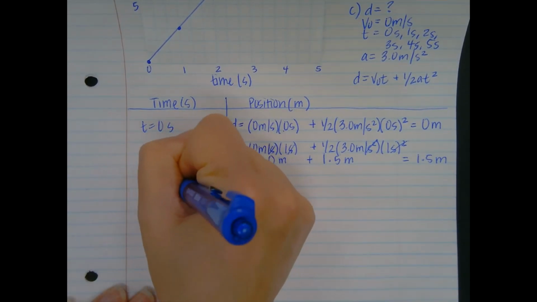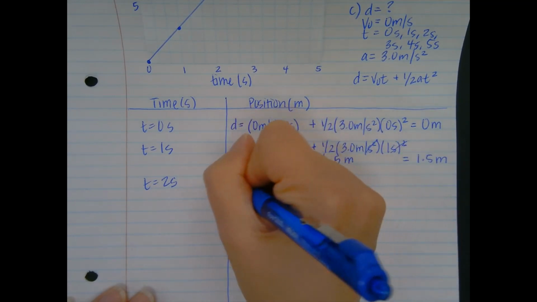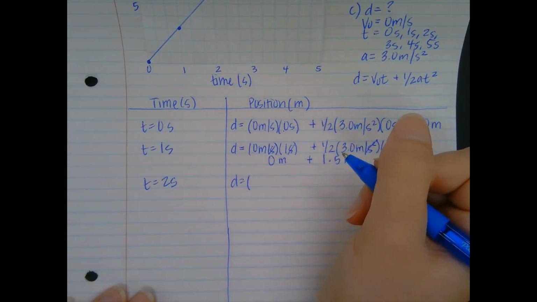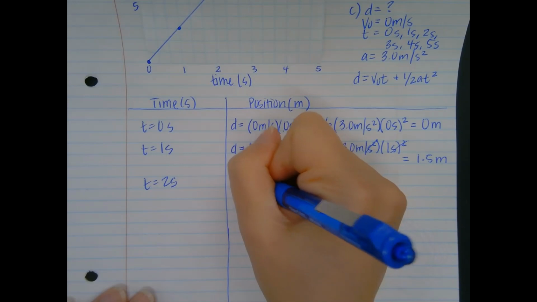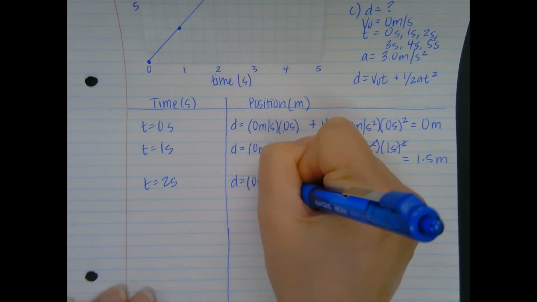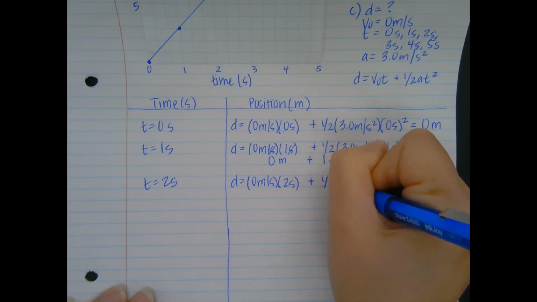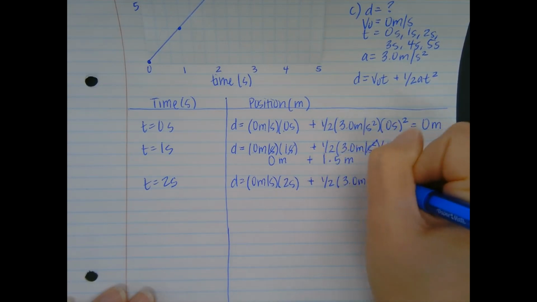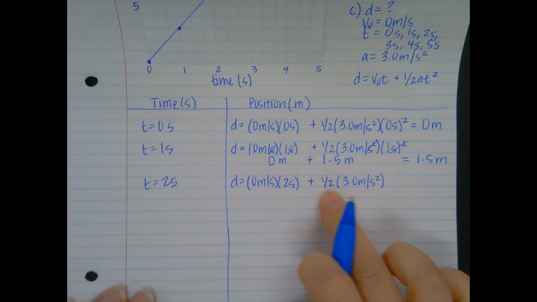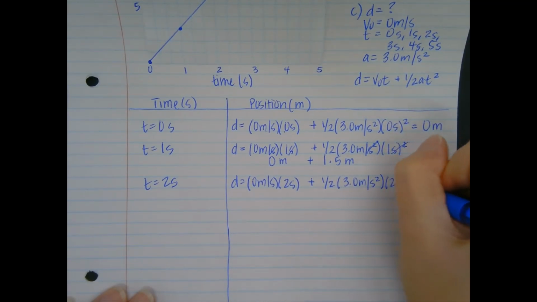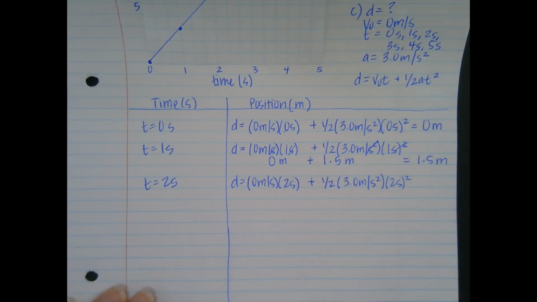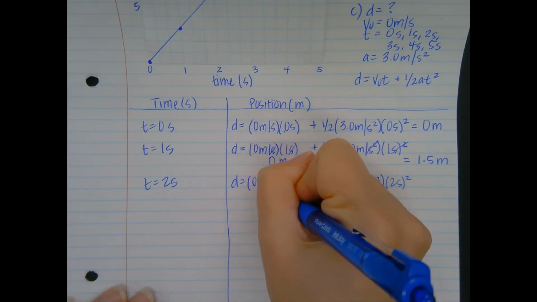So t equals 2 seconds. Here we go. Distance equals my V0, which is still 0 meters per second, times 2 seconds now, plus 1/2 times 3 meters per second squared, 1/2 acceleration, times t squared, which is 2. So again, 0 times 2 is 0 meters.